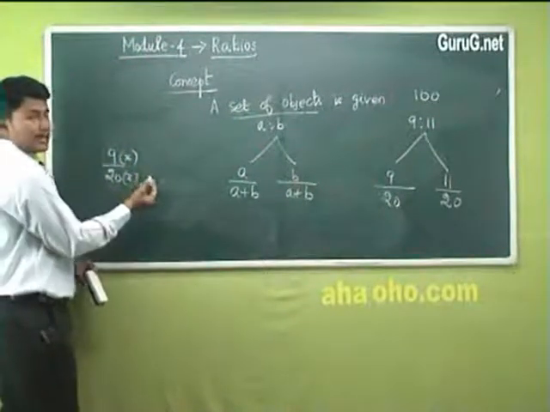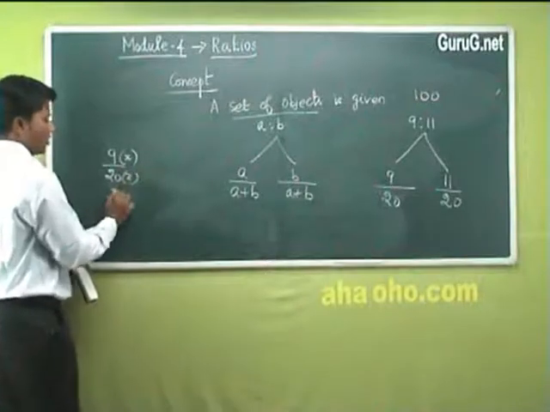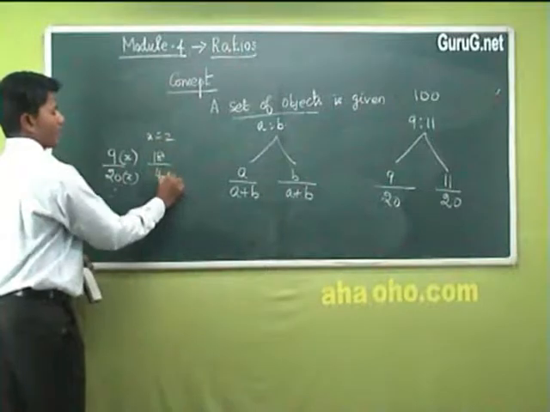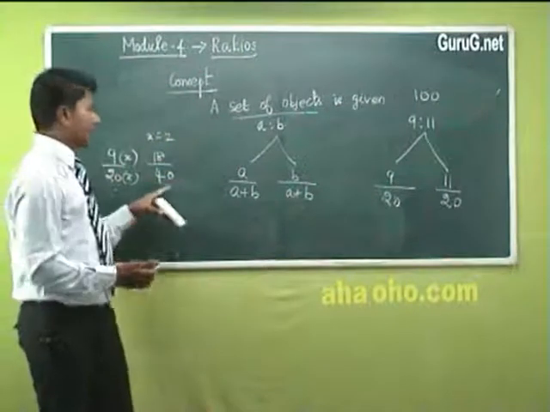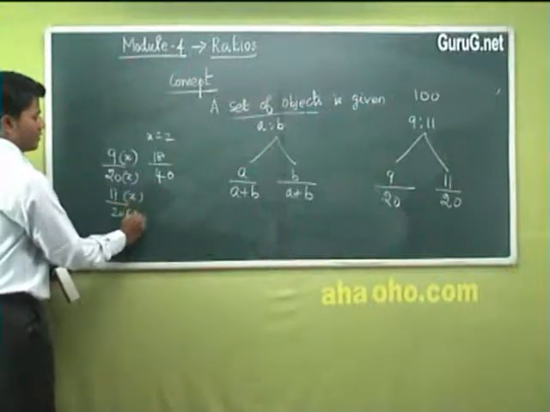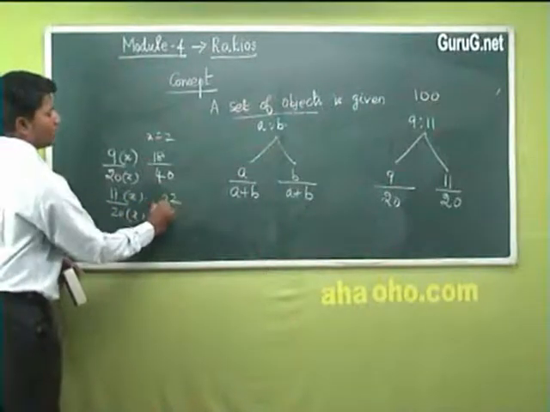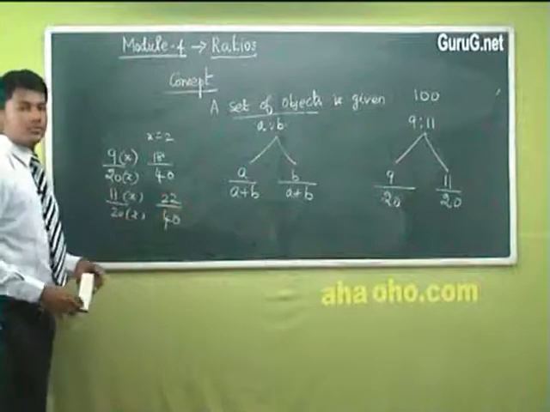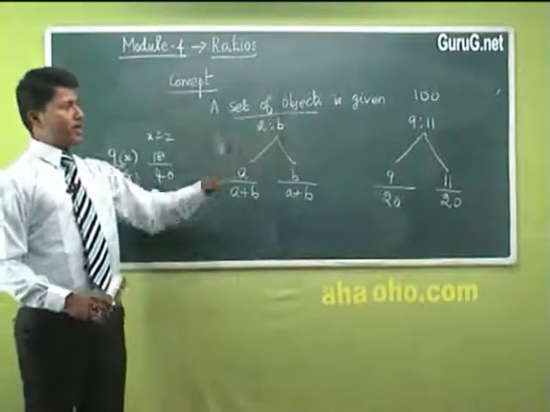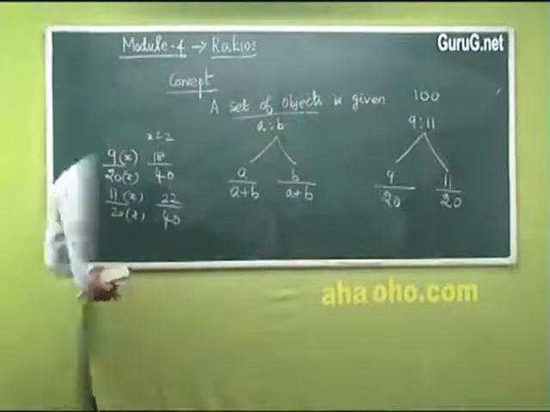X in this case is 2. So if x is 2, it will be 18 by 40. Similarly, the number of girls, 11 by 20; if x is 2, 22 by 40. By dividing the boys and girls in this ratio, you can obtain 9 is to 11.